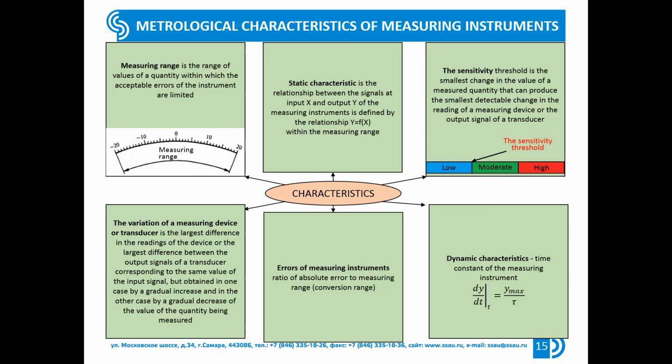This component of error is called dynamic error, and is the difference between the error of the measuring instrument under dynamic conditions and the corresponding error under static conditions. It is due to the inertia of the measuring instrument. This inertia leads to a delay in readings when the instantaneous values of the quantity being measured are recorded.